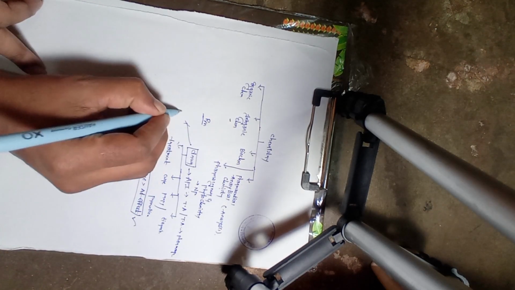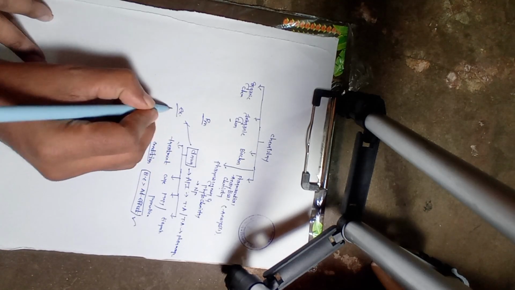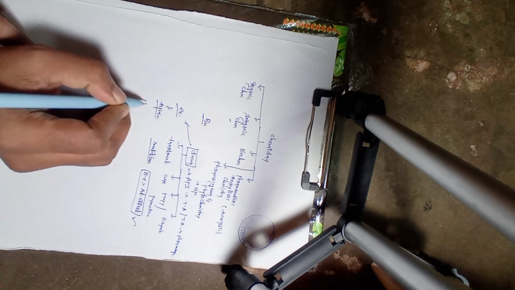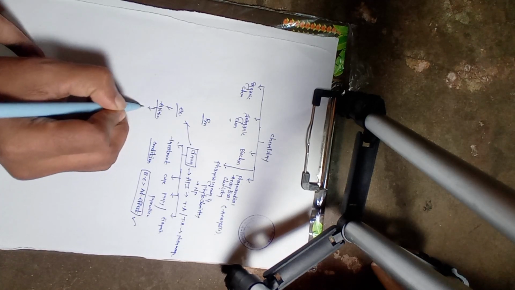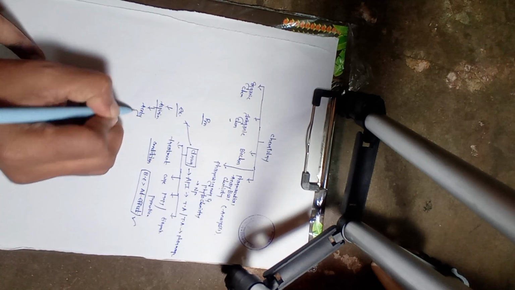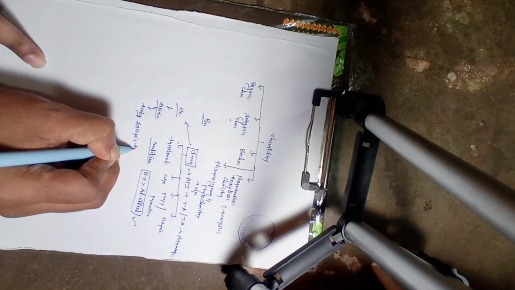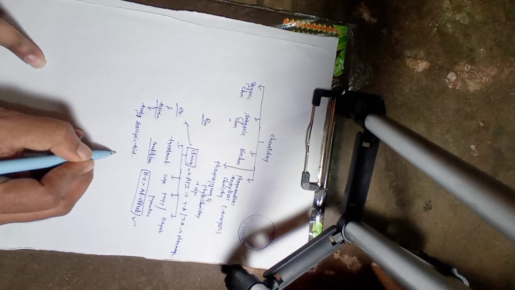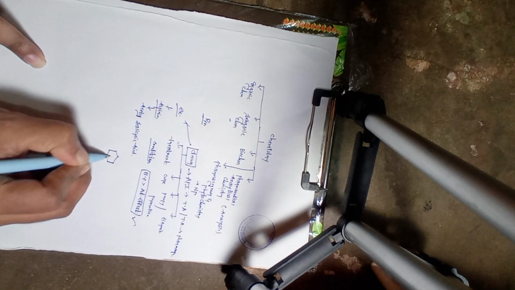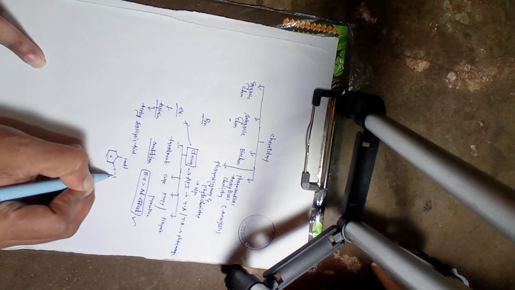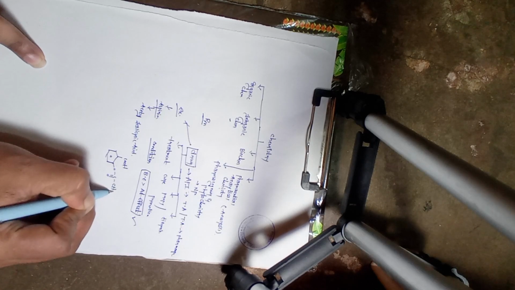Regarding the drug molecule, for example, if we take aspirin, aspirin is acetyl salicylic acid. Acetyl salicylic acid has a benzene moiety, a carboxylic group, and an acetyl moiety.